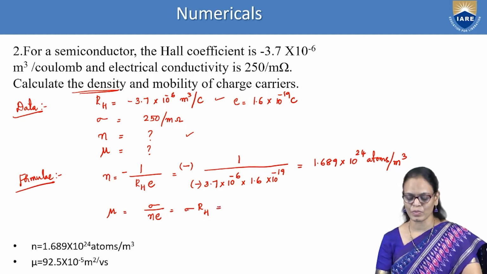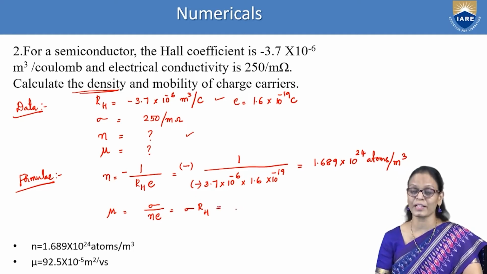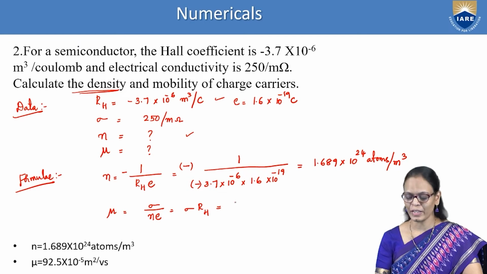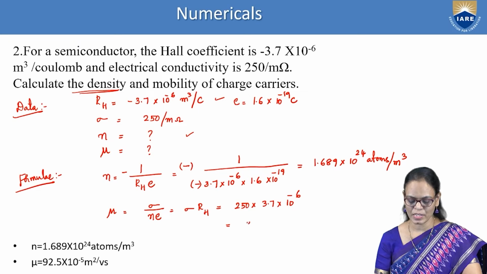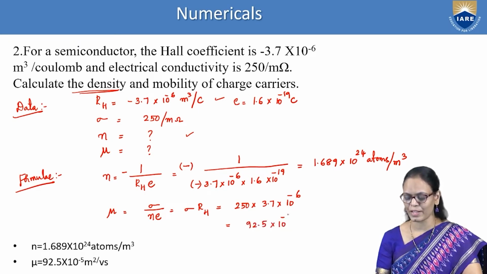You can directly substitute. What is the value of sigma here? That is conductivity 250. And the value of RH 3.7 into 10 power minus 6. So this is 92.5 into 10 power minus 5 meters square per volt second.